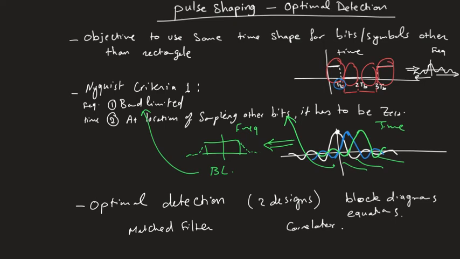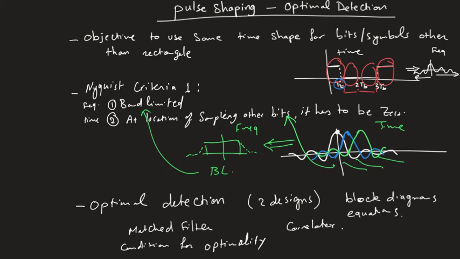You should be able to describe the conditions for optimality, so the conditions for these filters to be optimal. Particularly that we are using polar, so we use +1 and -1 for the transmission of the signal, and that we are working under additive white Gaussian noise.